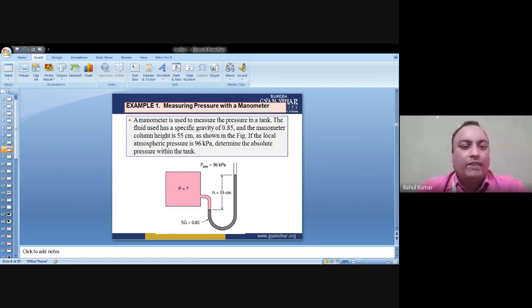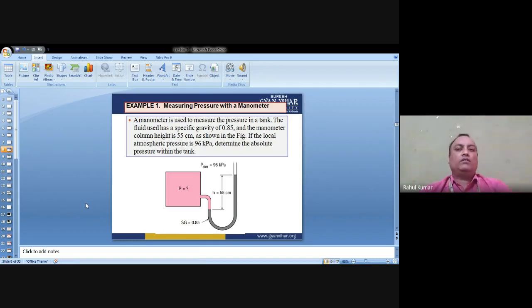One example based on measuring pressure with a manometer. A manometer is used to measure a pressure in a tank.